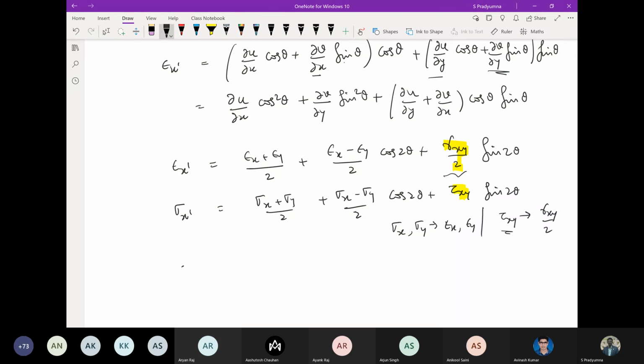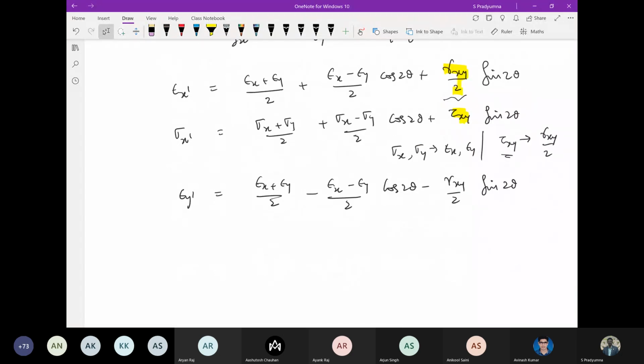Similarly, I can also write epsilon y dash equal to epsilon x plus epsilon y by 2, just change theta to theta plus pi by 2, so this becomes minus epsilon x minus epsilon y by 2 cos 2 theta minus gamma xy by 2 sin 2 theta.